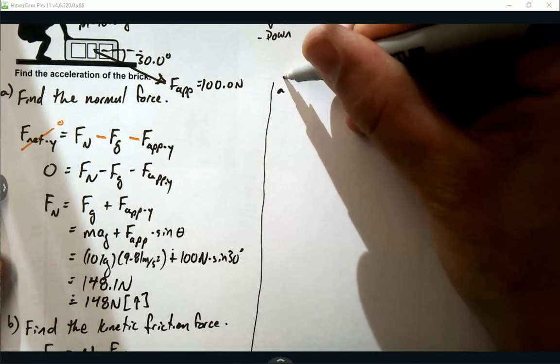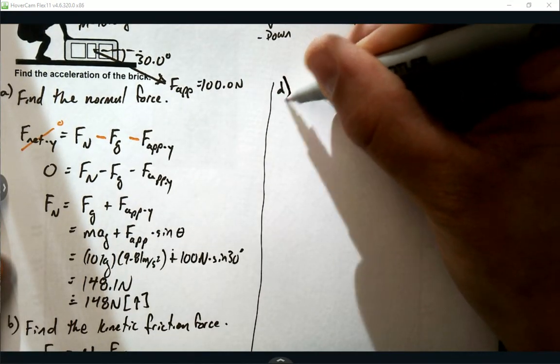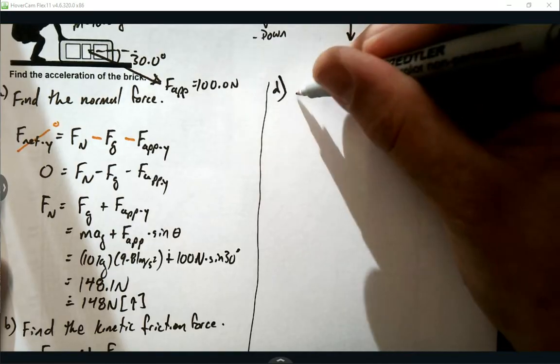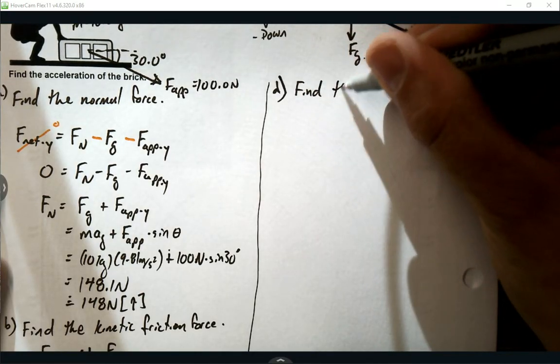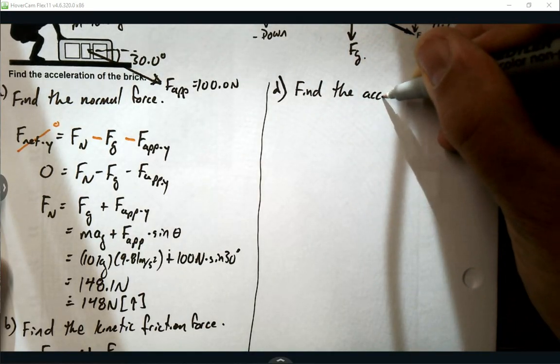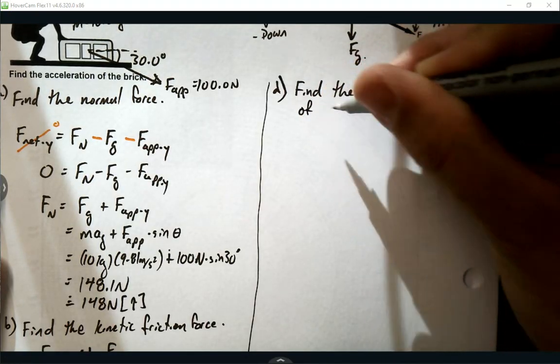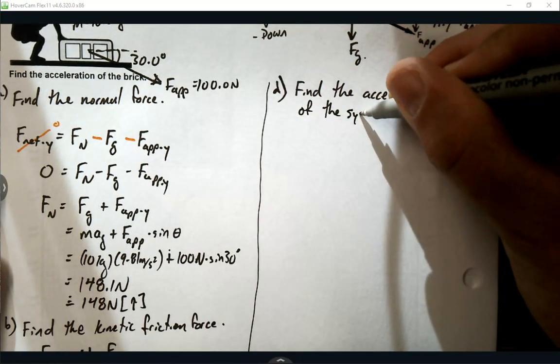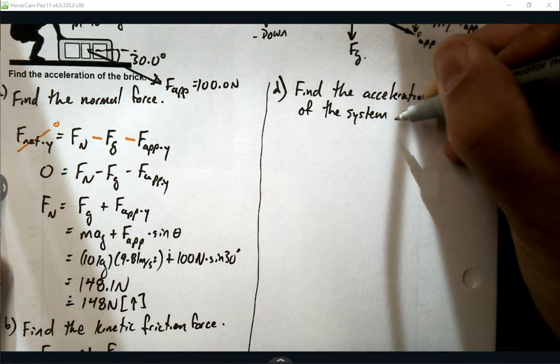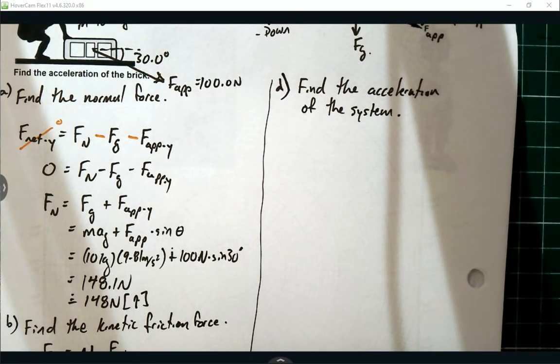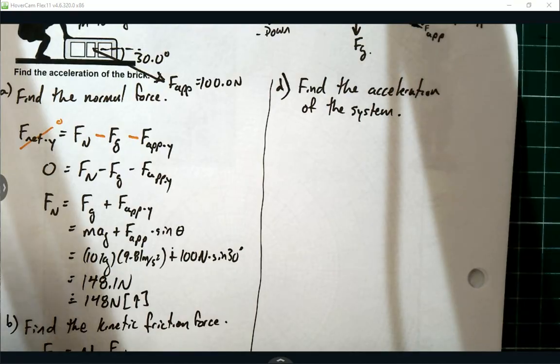So a part D might be: find the acceleration of the system. And what I would say is, like in a textbook, parts A, B, and C would be scaffolding questions.